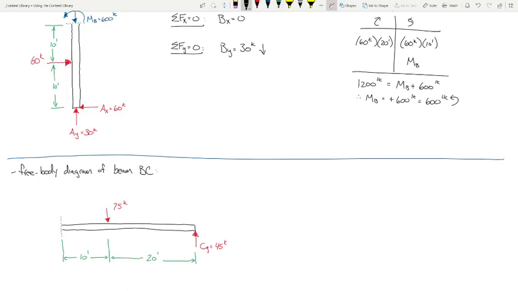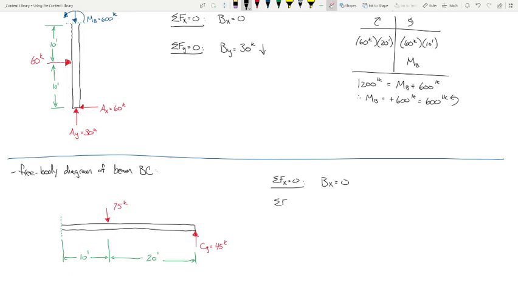Let's sum forces in the x direction. Looking at the beam, what is the horizontal unknown right here at this joint? 0. There's nothing going on horizontally, so BX is 0.